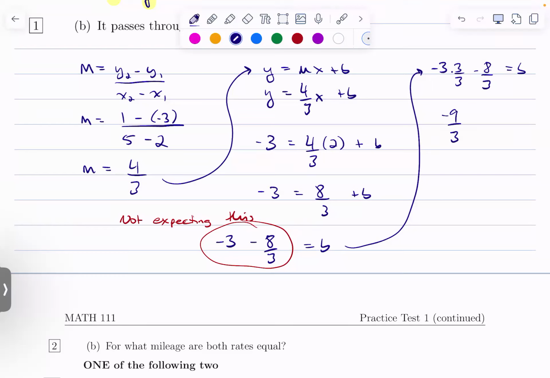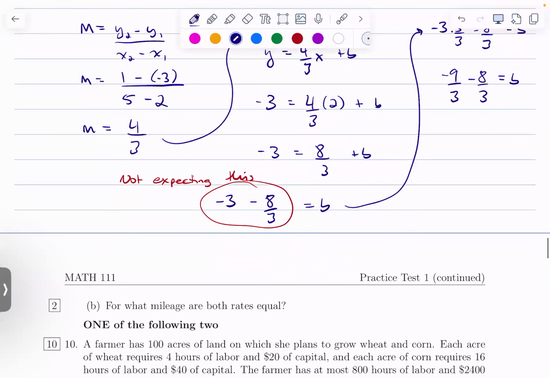It does, right? And so that was the goal. But now I'm able to subtract: -9 minus 8 is -17/3 is equal to b.